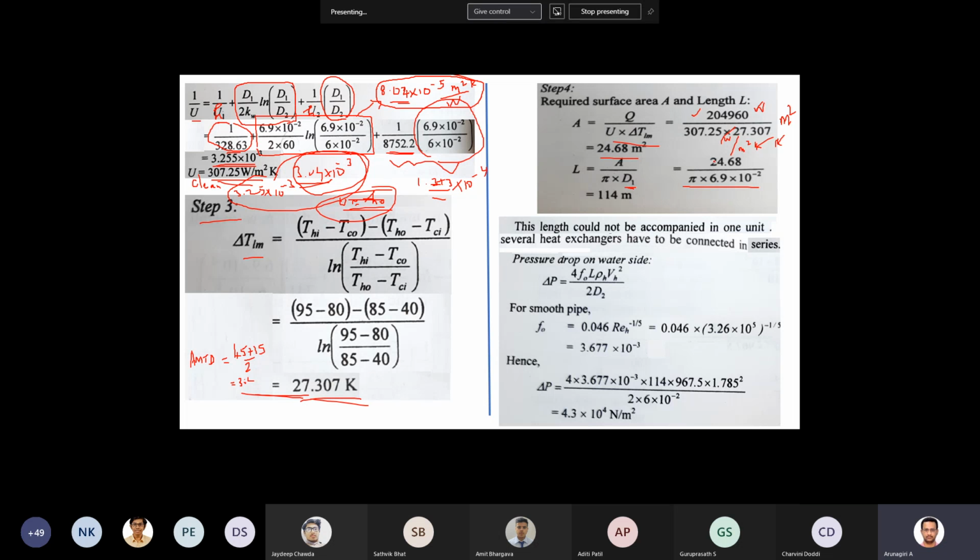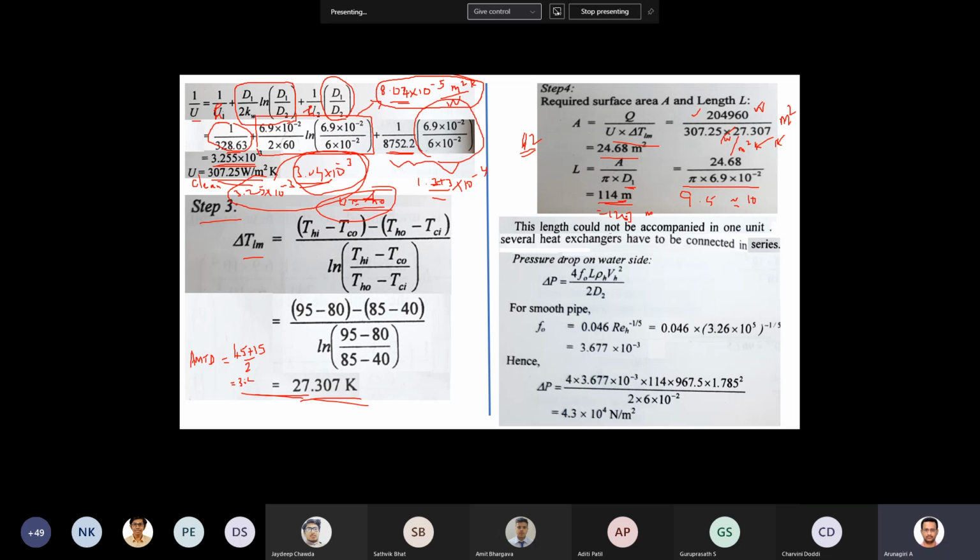Then that is 24.68. This is the area calculated, 114. Sometimes, if they say the heat exchanger length is restricted to 6 meters or 12 meters, then what you should do is convert to the nearest. 114 divided by 12 will be around 9.5, so you can make it 10 times. 10 times means 120 meters.